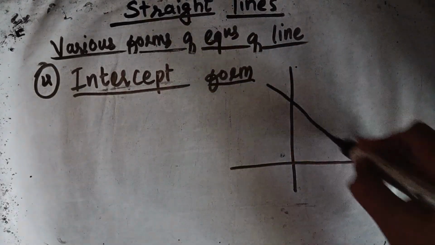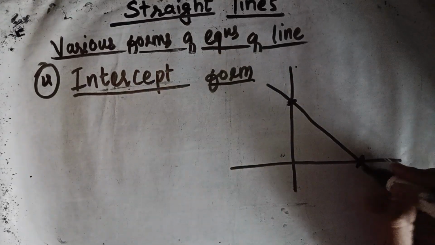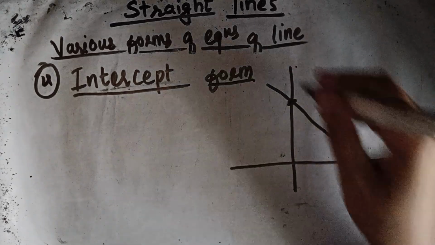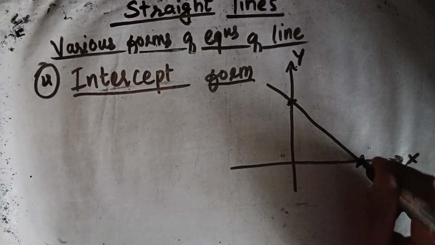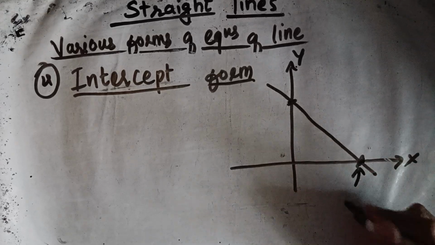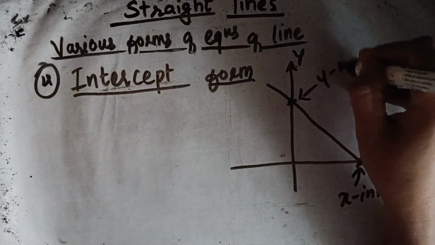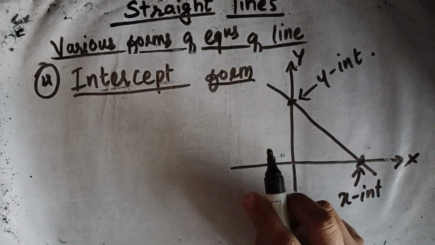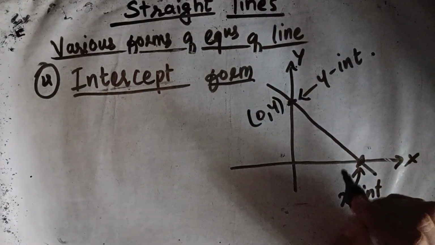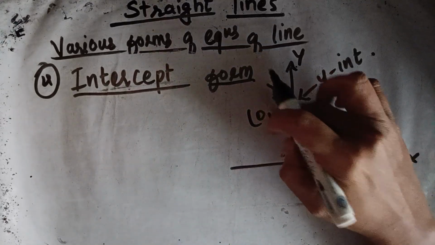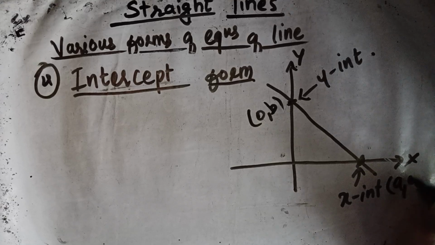Whenever you have a line and it touches either of the axes, that is the x-axis or the y-axis, if it is touching the x-axis, then that point becomes your x-intercept, and this is your y-intercept. So this point is 0 comma y, or you can write 0 comma b, and here this is a comma 0.